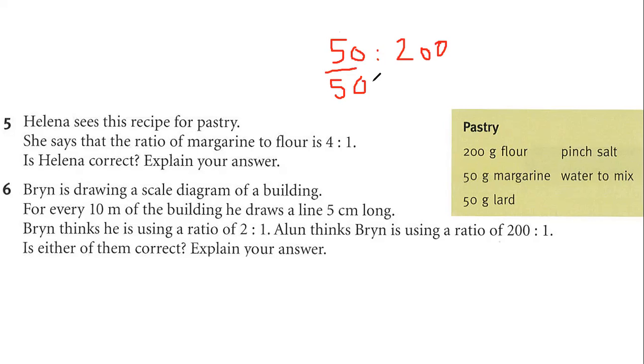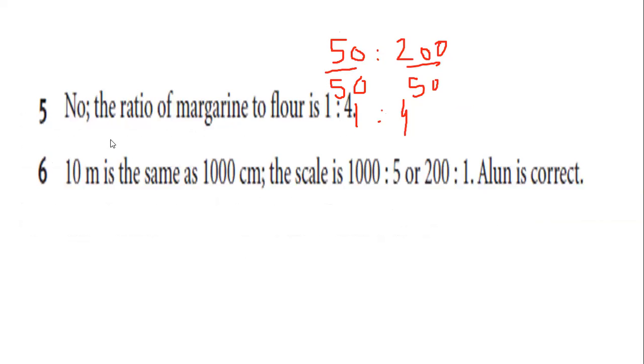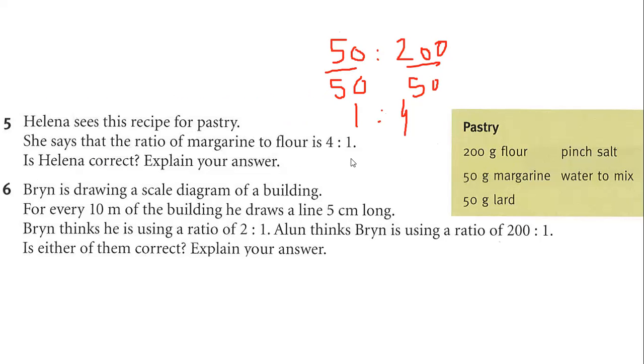So what is my answer? 1:4. Is Helena correct? No, she is not correct. Why? Because the ratio of margarine is 1:4, not 4:1. Here he mentioned 4:1, so that's why she was wrong.